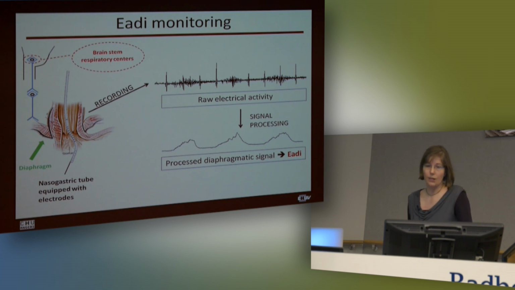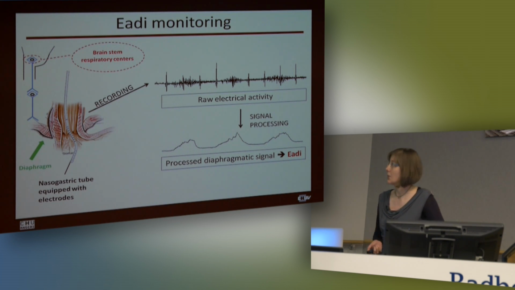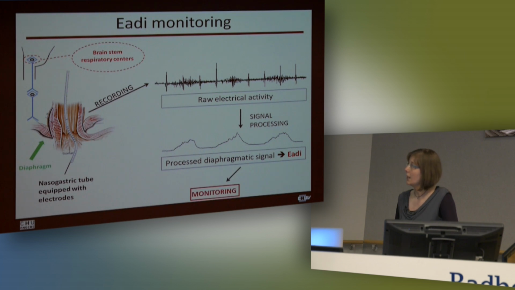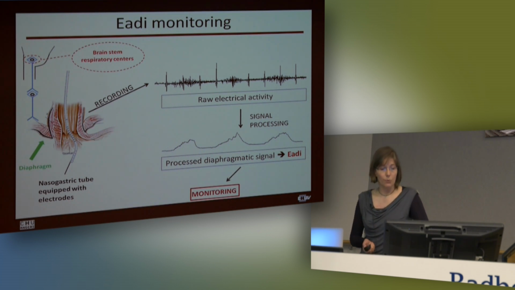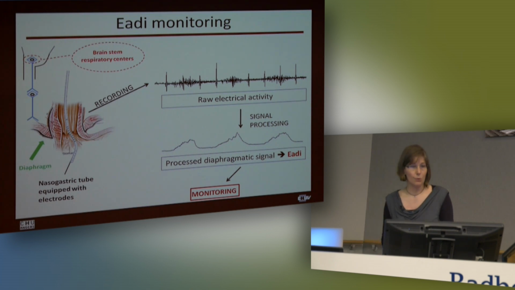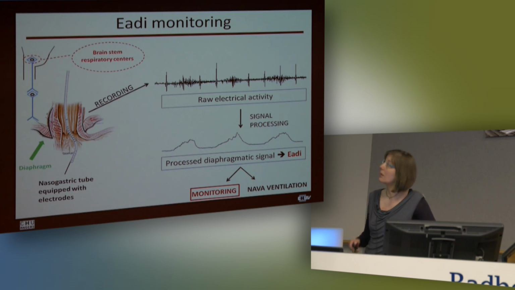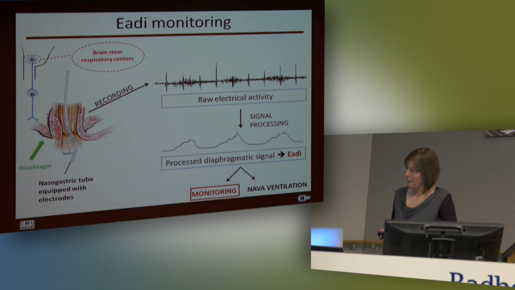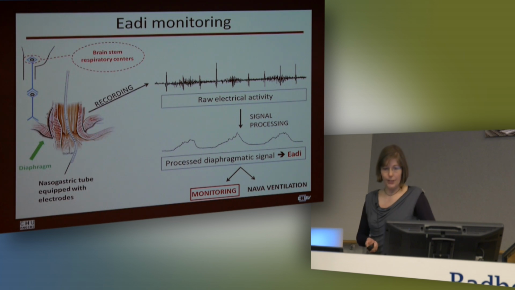Then, with some signal processing, we have a nice signal, often called EADI. With this signal, we can monitor the activity of the respiratory centers, and we can perform a synchronized and proportional ventilation called NAVA ventilation.